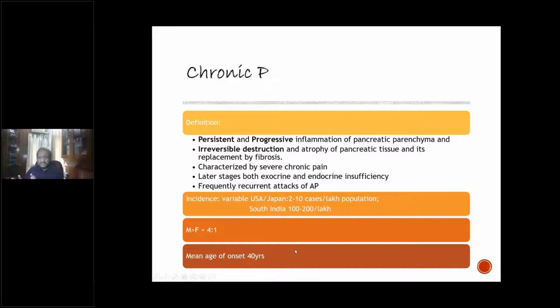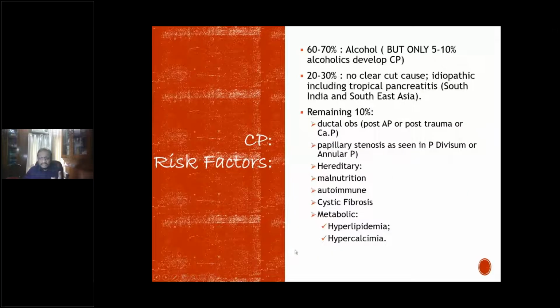Now, what are the risk factors? The risk factors of chronic pancreatitis are slightly different from acute pancreatitis. Some are common, like alcohol, which makes up 60 to 70%, but only 5 to 10% of alcoholics develop CP. Both figures are important. If you remember, in acute pancreatitis we said about 40% of patients would have a history of alcohol abuse. Here, about 60 to 70% would have a history of alcohol intake.